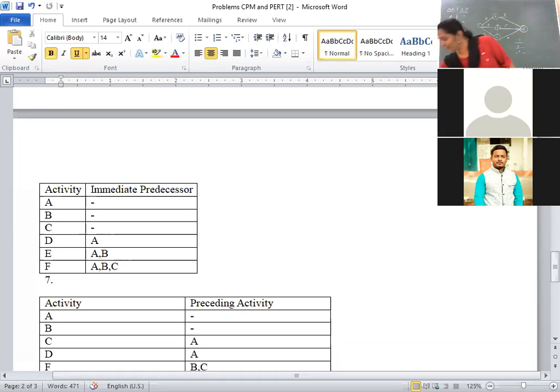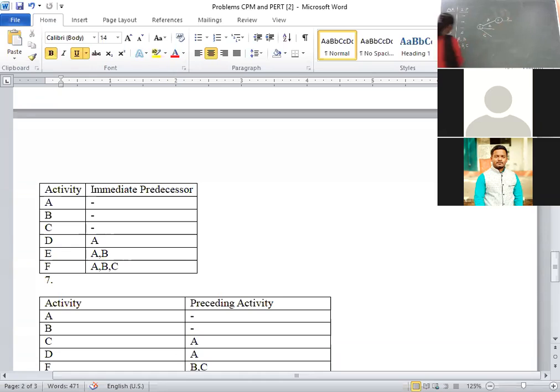Okay, in the final examination, most of the students they will do mistake like this. Okay, listen. A doesn't have any predecessor, B doesn't have, C doesn't have. A is completed till here, nobody is having any query.